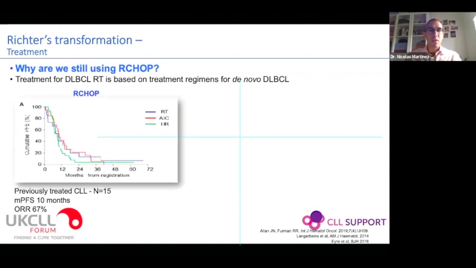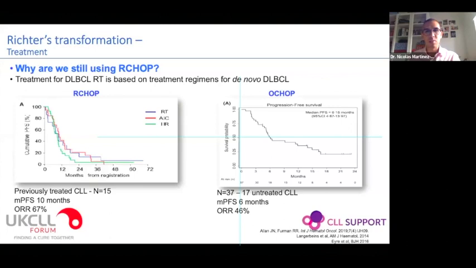As you can see on the survival curves I've shown you before, we haven't made much difference in these many years, and we have tried. There are several studies, and I've just showcased this UK-based study of trying to incorporate obinutuzumab into CHOP. There was evidence at the time, as we saw yesterday in the course, that obinutuzumab was a better antibody for CLL, and hence the obvious logical train of thought was, if obinutuzumab is so much better for CLL, why don't we try it in Richter's, because it might be better than rituximab?